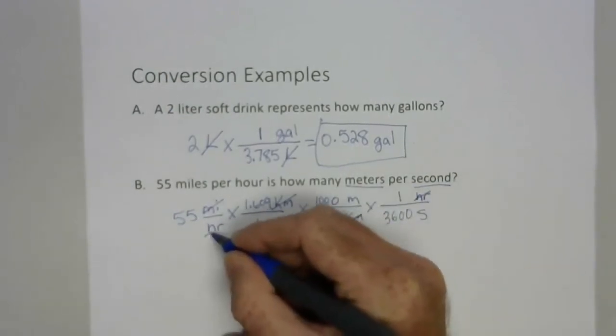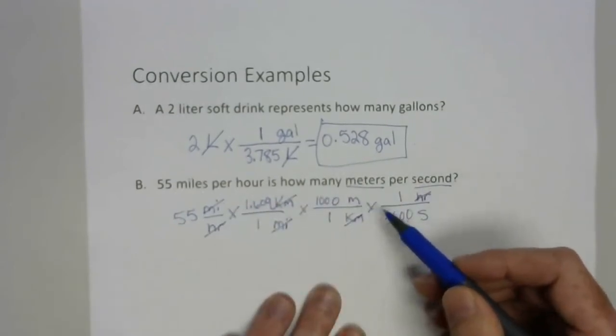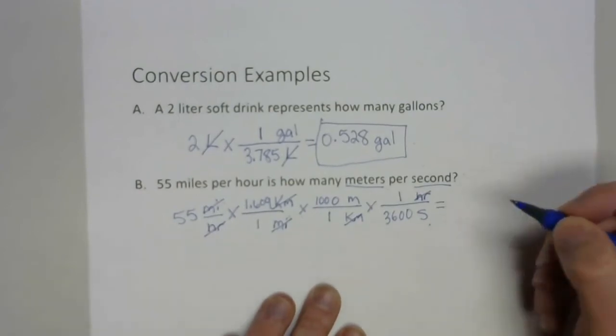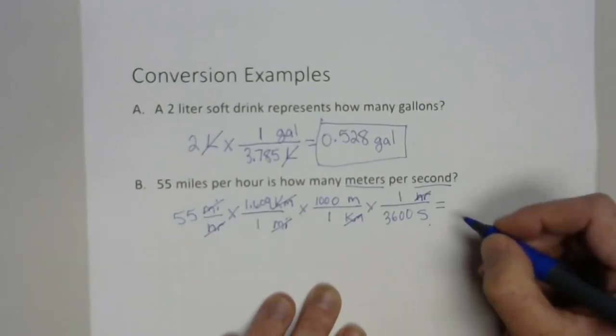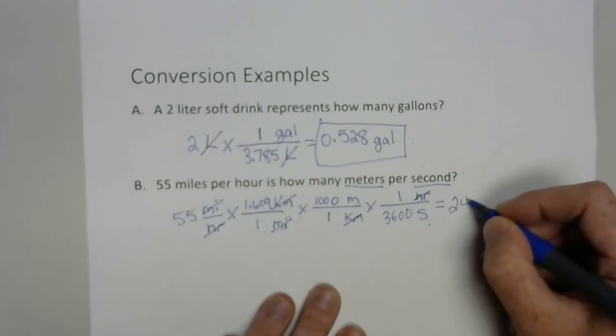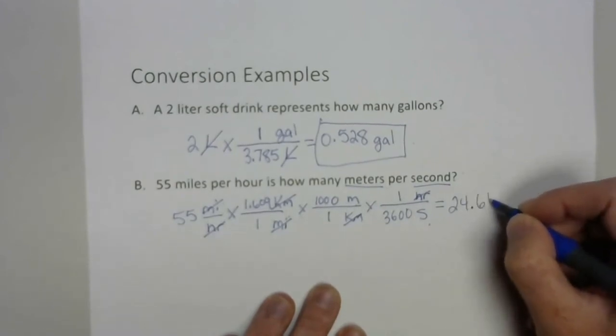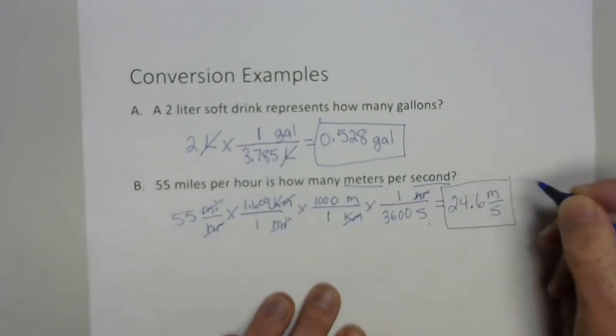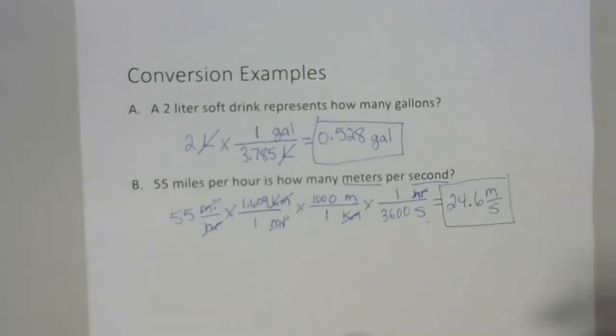And the hours cancel, and we're left with meters per second. Those are the units we want. So then it's just a matter of running that through your calculator, and you get 24.6 meters per second, where that would be your answer. So this has been a brief tutorial on unit conversions.